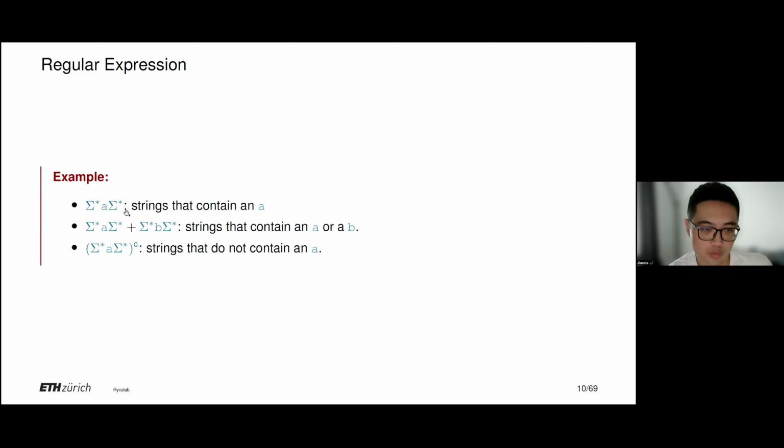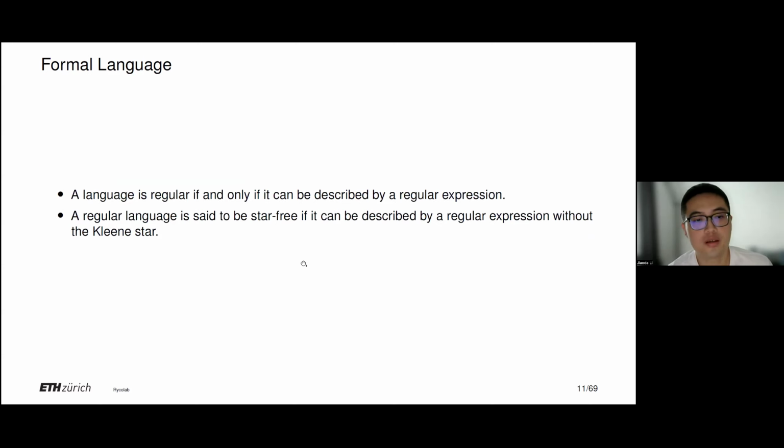For example, we can have alphabet star A alphabet star, which describes all the strings that contain an A. We can also do union, and by adding these two expressions, we can describe strings that contain an A or a B. We can do the complement of the first expression, which will describe the strings that do not contain an A. A language is called regular if and only if it can be described by a regular expression. And if this expression does not contain a star, then we call this language star-free.